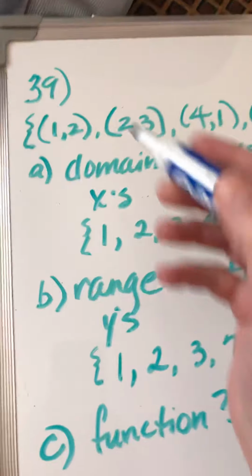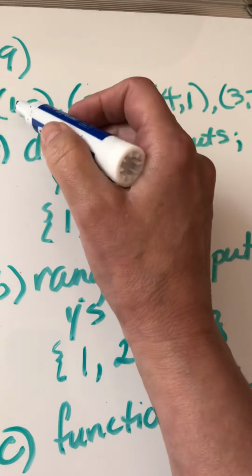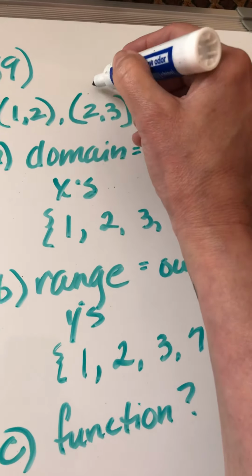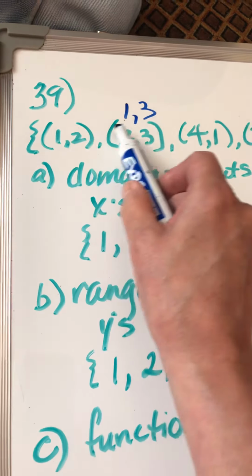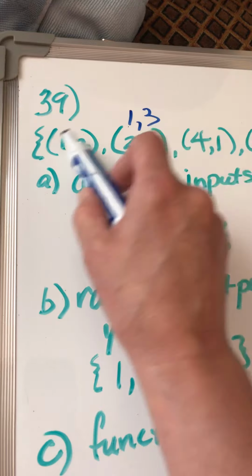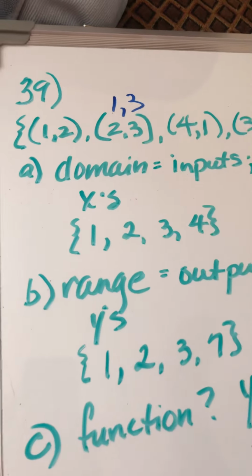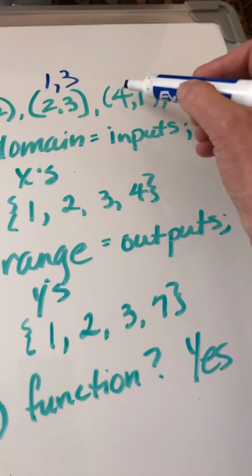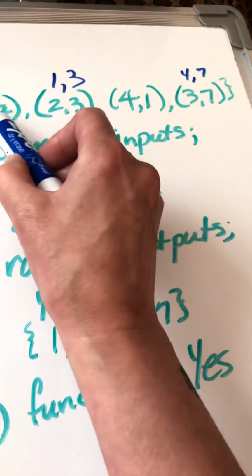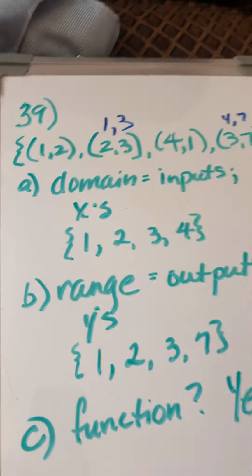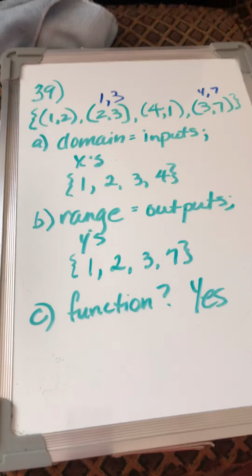Now let me give you an example of when you would say no. So let's say that this was a 1, 2, and then 1, 3. The fact that these outputs share an input would cause it to not be a function. If this was 4, 1, and 4, 7, same thing. If you get one input that repeats, then it is not considered to be a function.